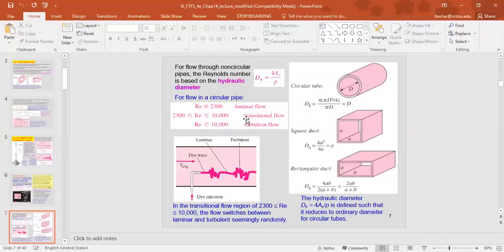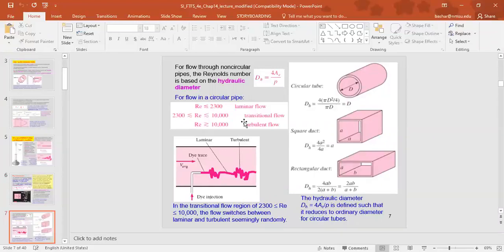So the critical Reynolds number is the Reynolds number at which the flow becomes turbulent. In this course, the flow will be considered laminar if it's less or equal to 2300. Between 2300 and, let's say, that's something debatable. Some textbooks refer to that as 3000 or 4000. In here, it shows as 10,000.